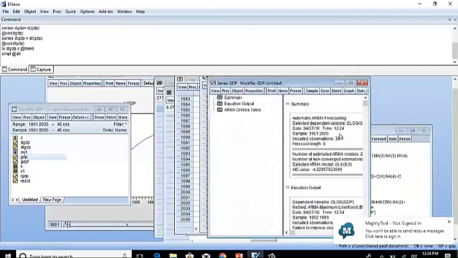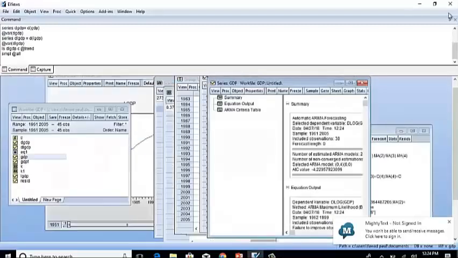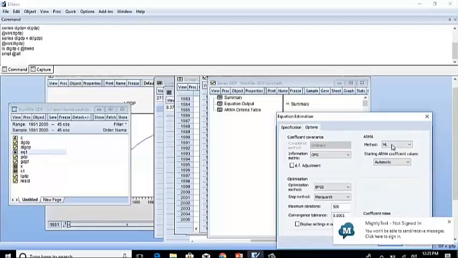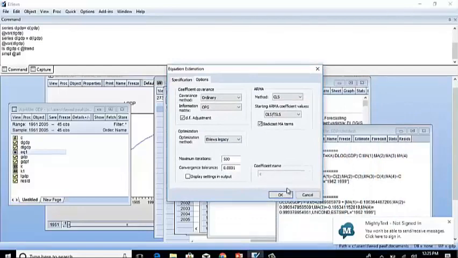Look, EViews has calculated automatically, and EViews calculated that D log of GDP is the good estimator, with AR0 MA4 as we have calculated earlier, and this is the equation calculated by EViews. Go to the estimate option, maximum likelihood CLS, and EViews legacy. Click OK.